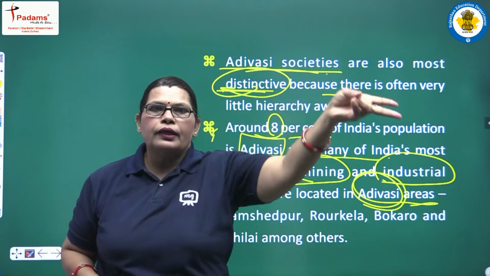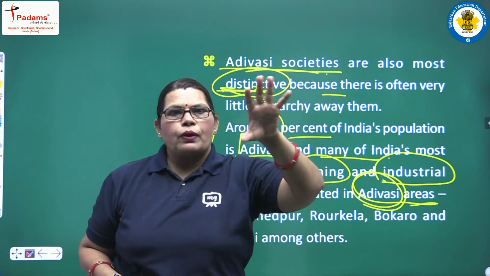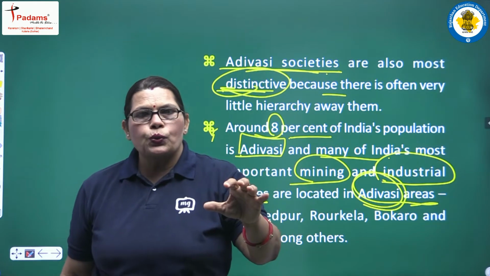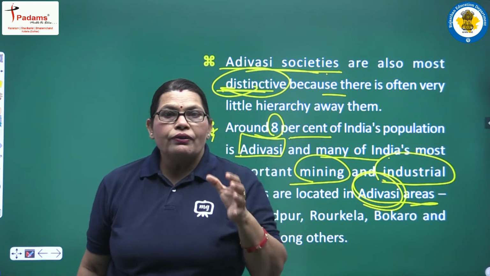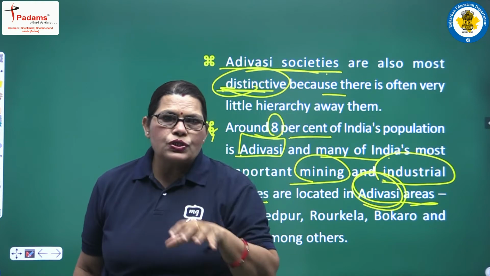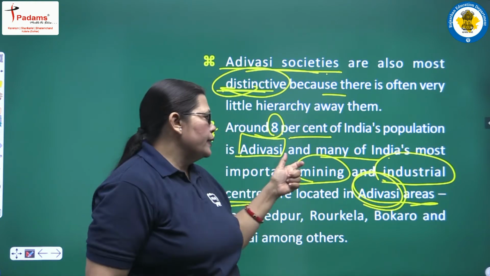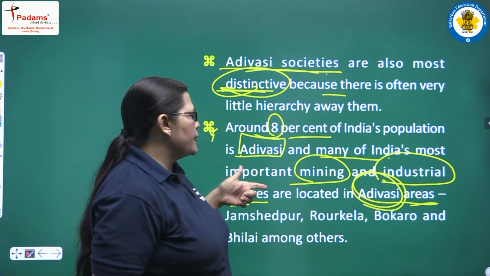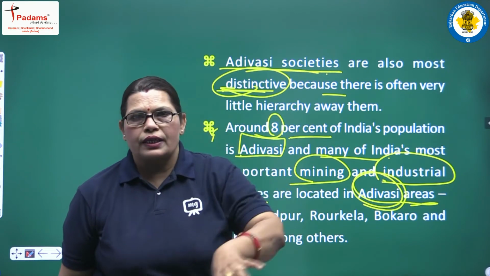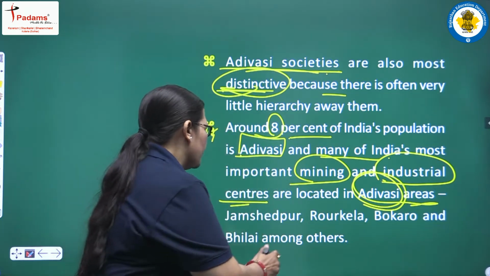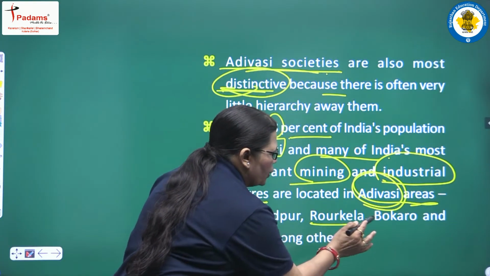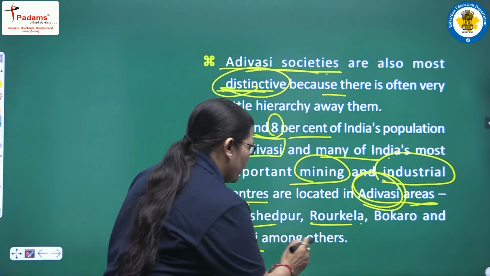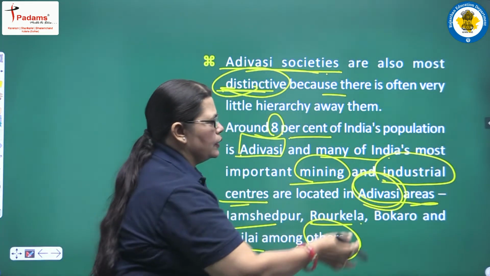Yes, the story in history, when we discussed the new forest laws imposed by the British rulers and the contractors. When we discussed industrialization also, we discussed the different industrial centers located in Adivasi areas: Jamshedpur, Rourkela, Bokaro and Bhilai, among others.